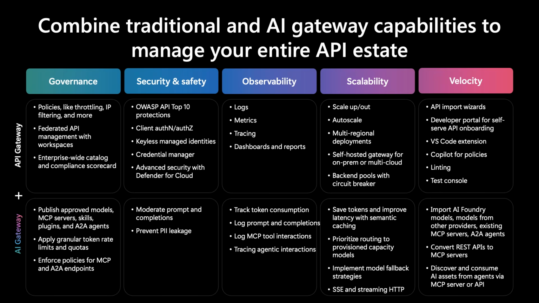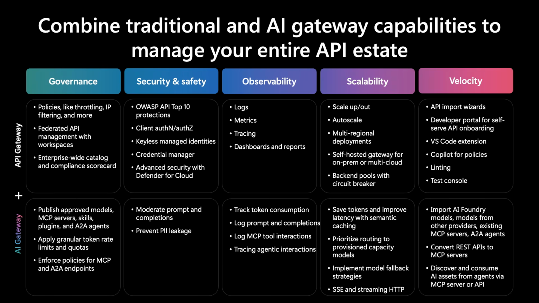You can also enforce policies for MCPs and A2A endpoints to make sure that you have secured access to these endpoints, and you are able to apply specific policies such as content safety, etc., to make sure you're not doing any harm or leaking any secrets, for example. Similarly, within security and safety, we already support the OWASP API top 10 protections.